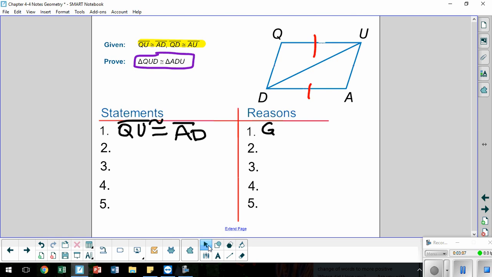That's your given. The next one is another pair of sides, and that's also given.